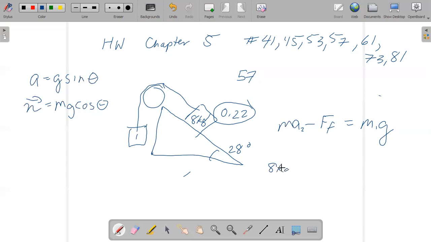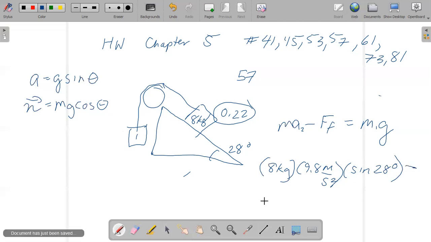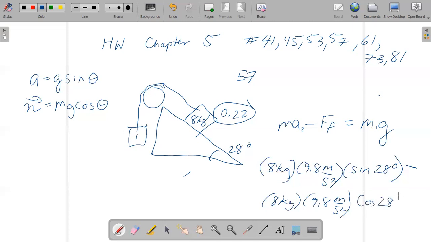All right. So we have 8 kilograms times 9.8 meters per second squared times sine of 28. And that's providing the downward force, minus the friction, because that's 8 kgs times 9.8 meters per second squared times cos 28 times 0.22, equals m1g.